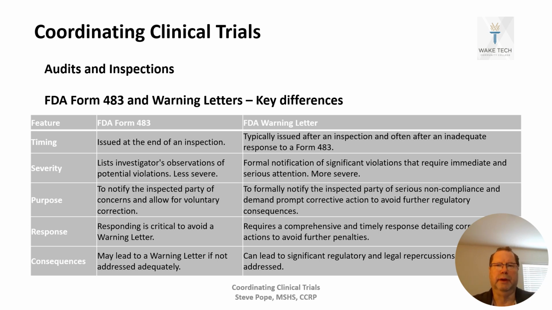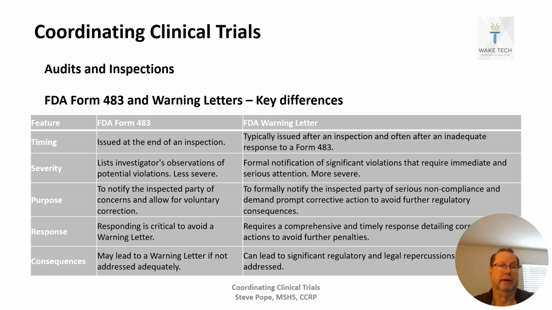This table shows you the differences between an FDA Form 43 and a warning letter. The first column on the left indicates a feature such as timing, severity, purpose, response, and consequences. The 43 is issued at the end of an inspection.